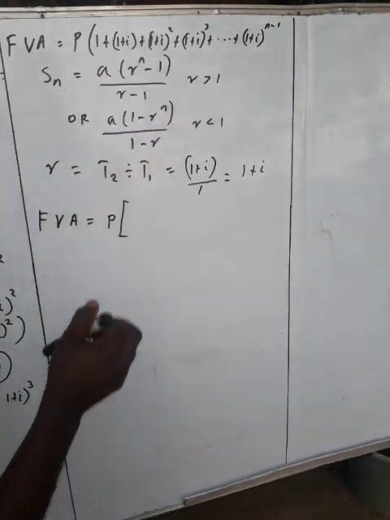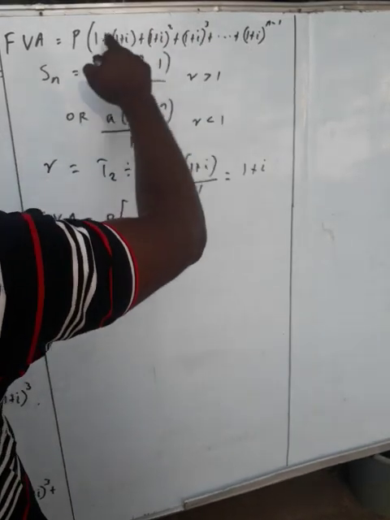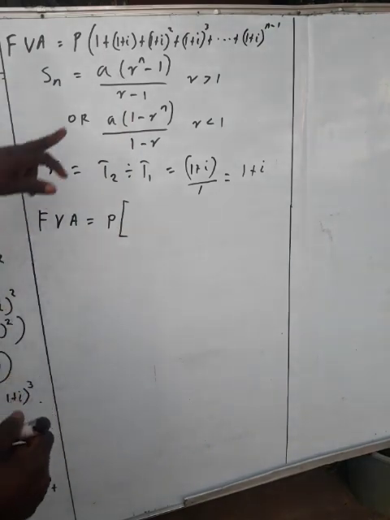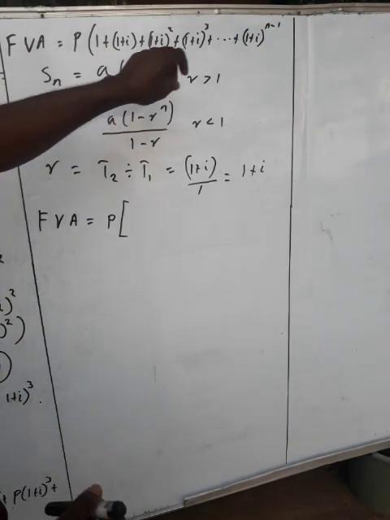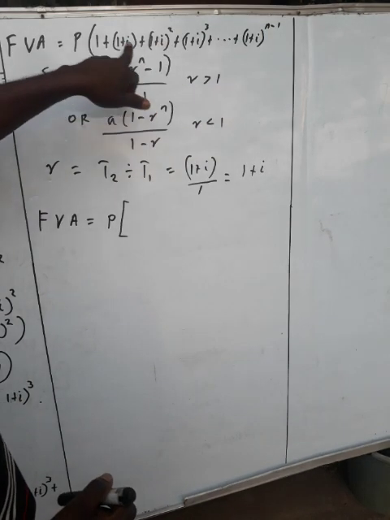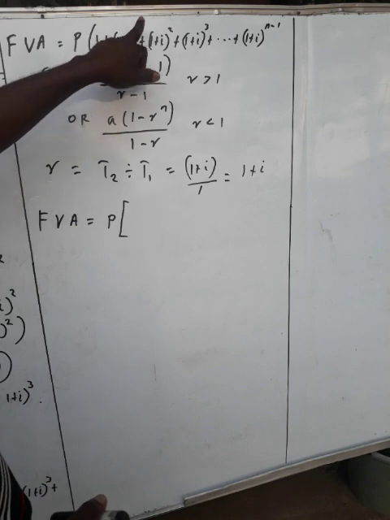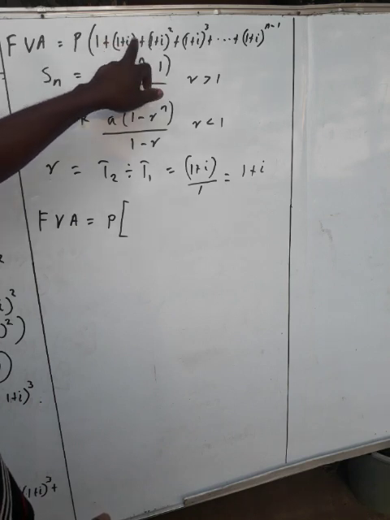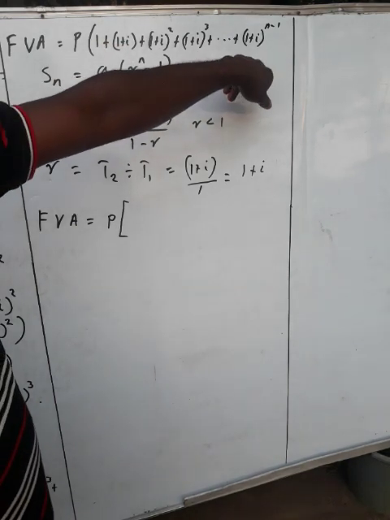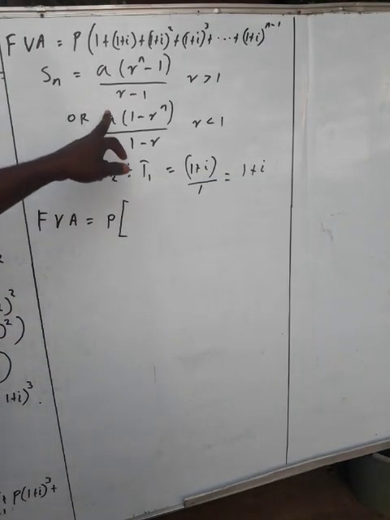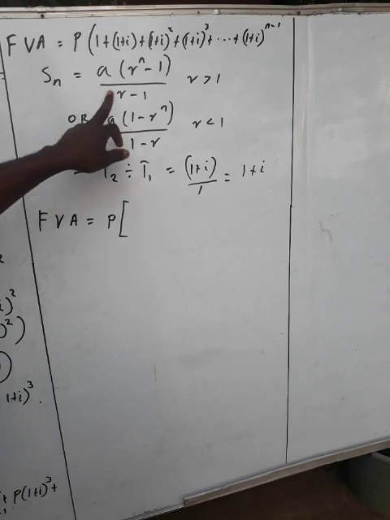Each of the powers plus 1 gives the term number. The power of the first one is 0, so 0 plus 1 is 1. The power of the next one is 1, 1 plus 1 is 2. The power of the last one is n minus 1 plus 1, which is n. So for the sum of a GP to the nth term, we are going to use this.